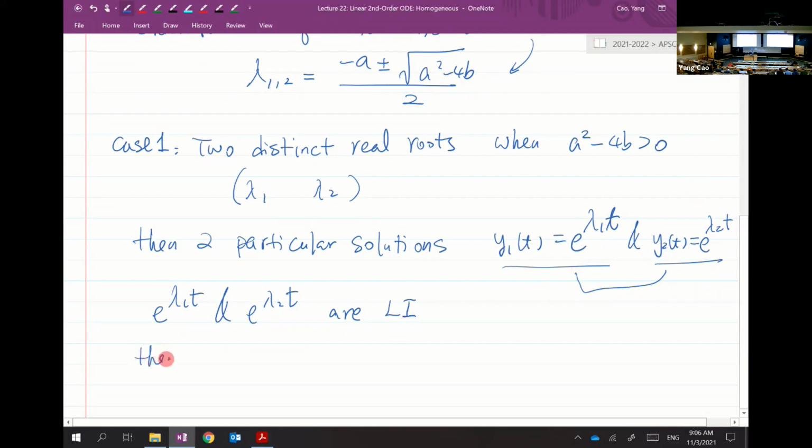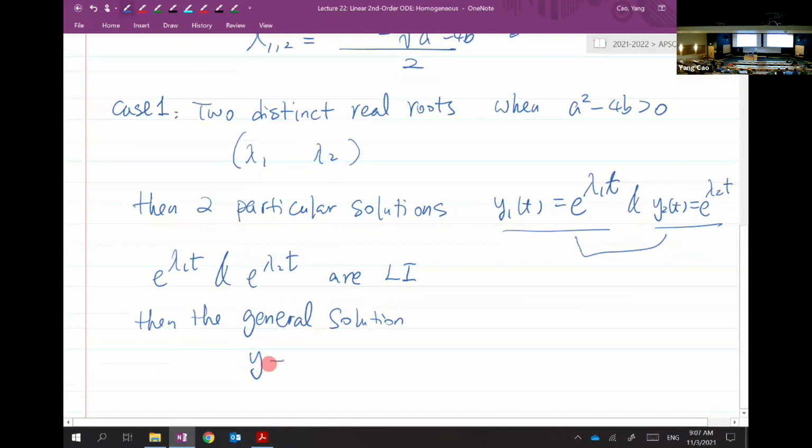Then the general solution is basically y equal to c1 y1 plus c2 y2. C1 and C2 are two constants that can be determined by initial conditions.